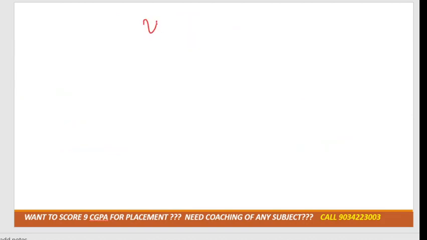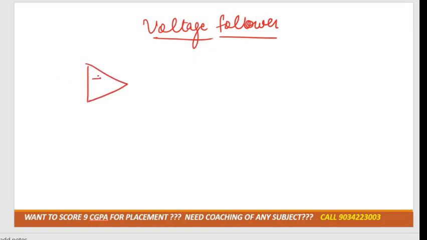Next one is the voltage follower. In the voltage follower we'll get the same input and same output. You can write it down later on, first understand it. Okay, in the voltage follower we give voltage to the positive terminal, that is V in.